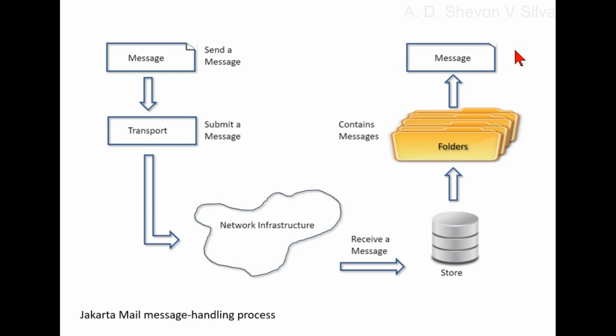The content of a message is a collection of bytes or a reference to a collection of bytes encapsulated within a Message object. Jakarta Mail has no knowledge of the data type or format of the message content.